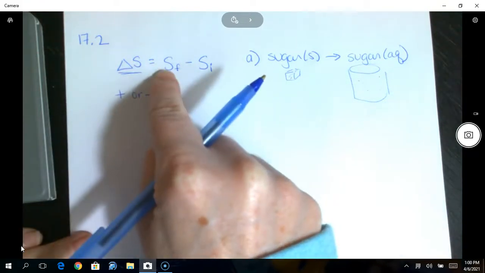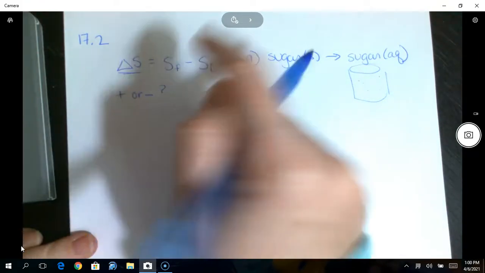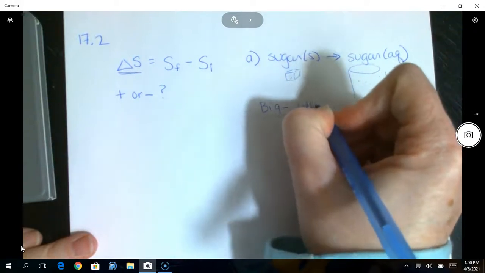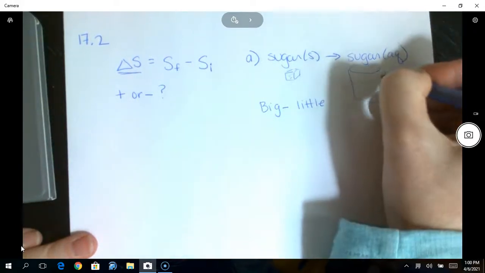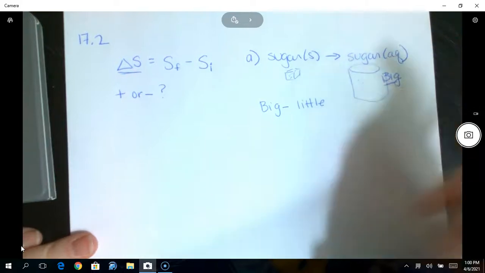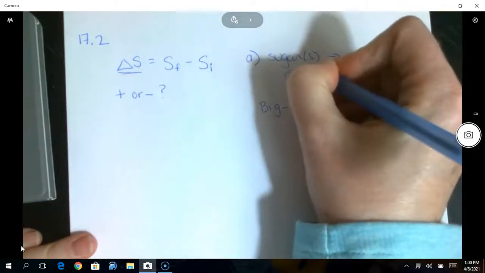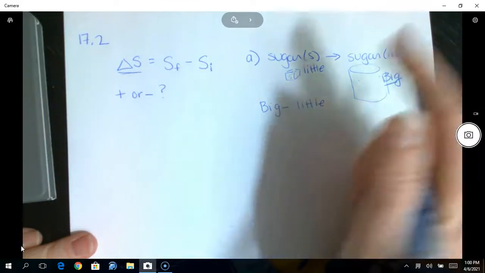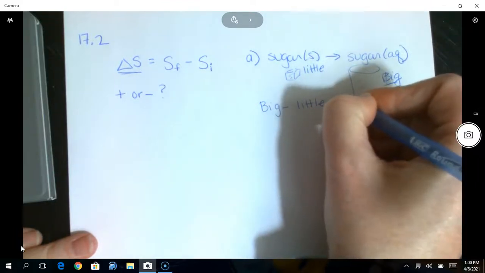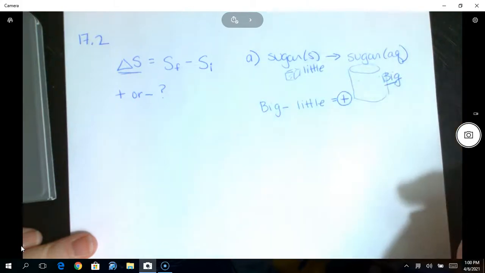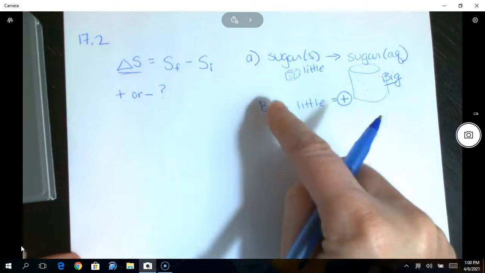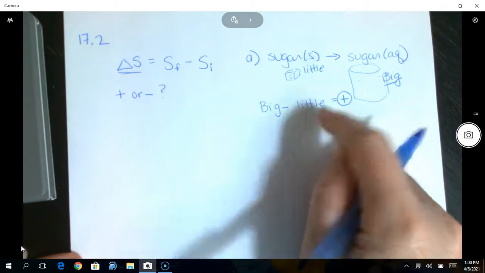So your final is big, so we have big minus little. Because this has big entropy, or lots of disorder. This relatively has little disorder. So when I have a big number minus a little number, this is going to give me positive results. So this has positive change in entropy. The final entropy is larger than what you started with.